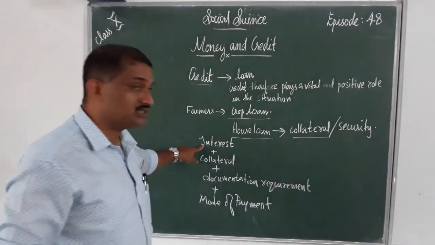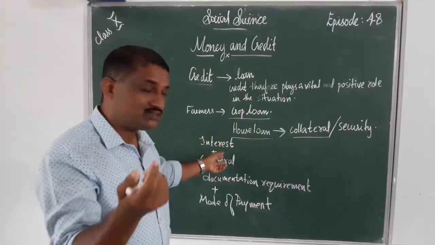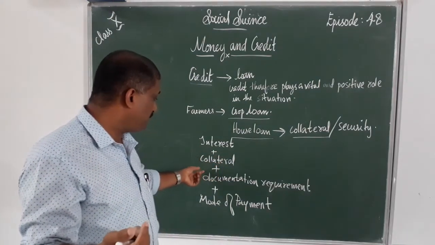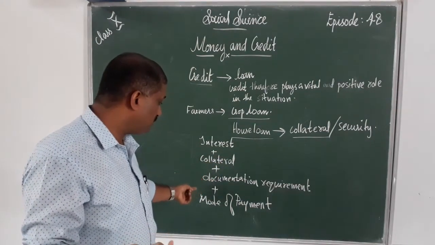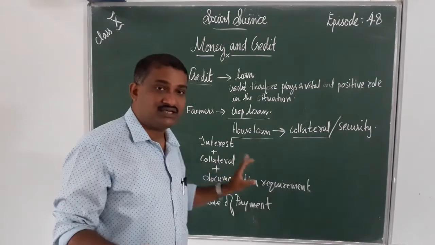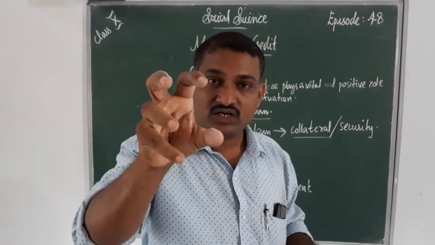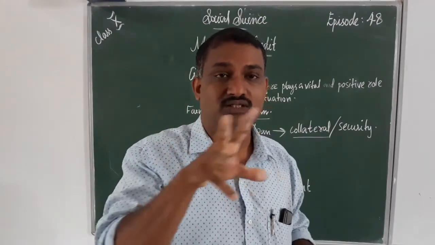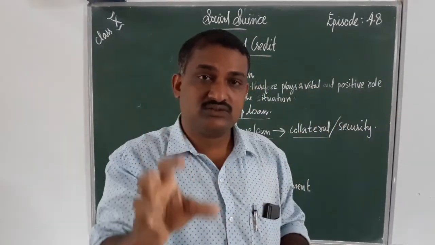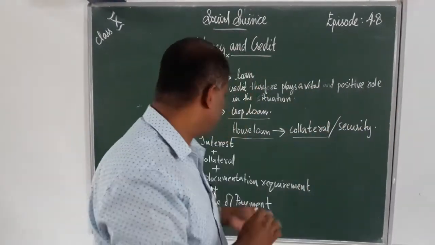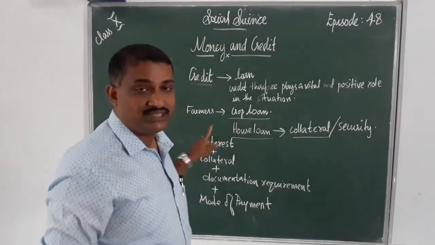So interest, collection of interest plus collateral plus documentation and mode of payment, all these things are very essential for credit. Suppose you want to borrow money from the bank, there are a lot of things you have to do. First thing is that you must be bothered about the interest.